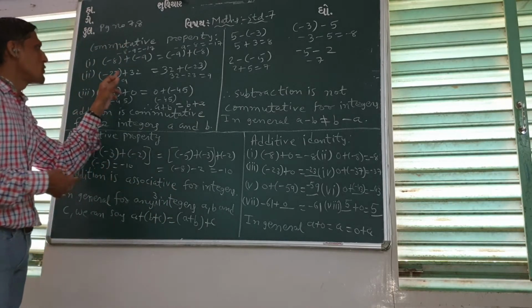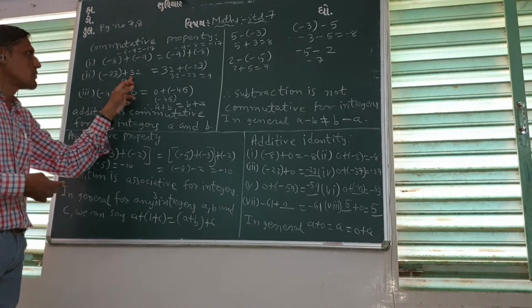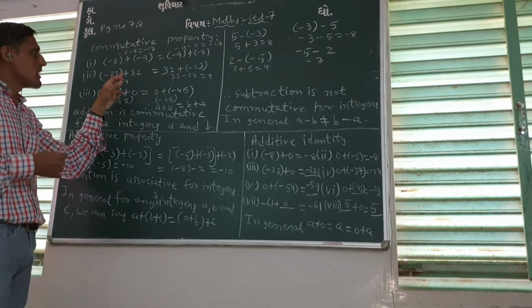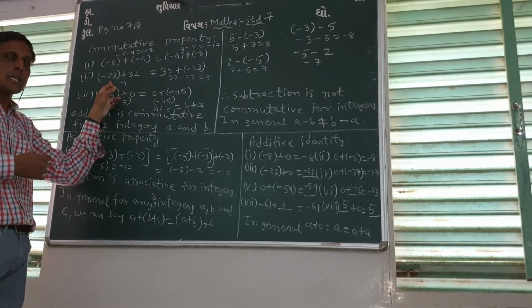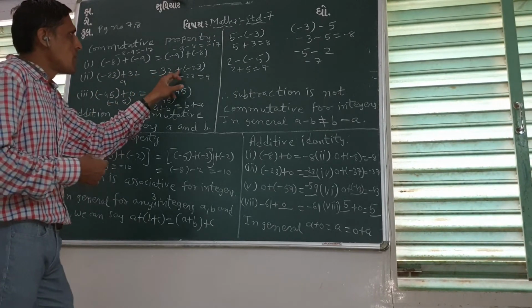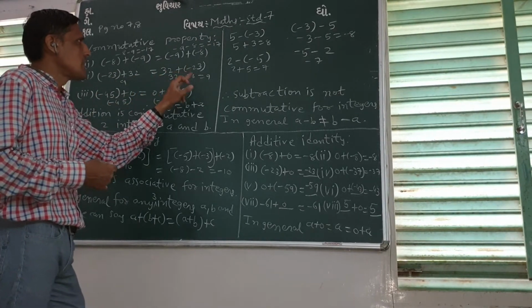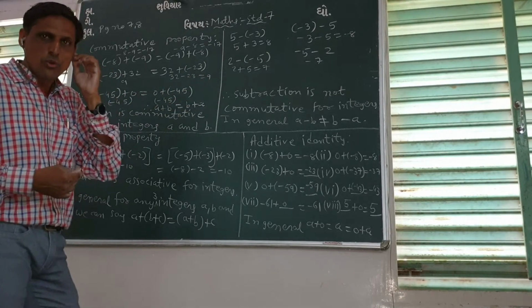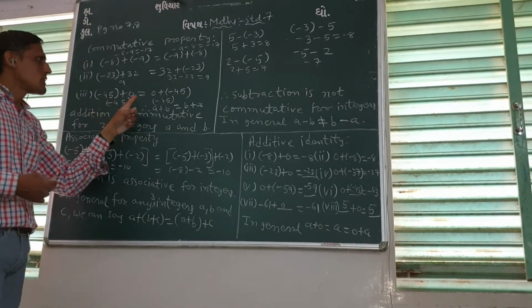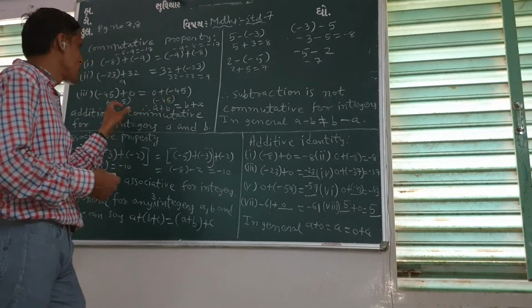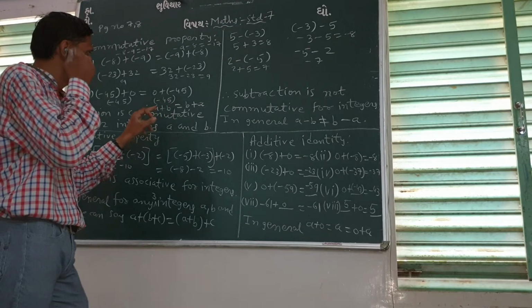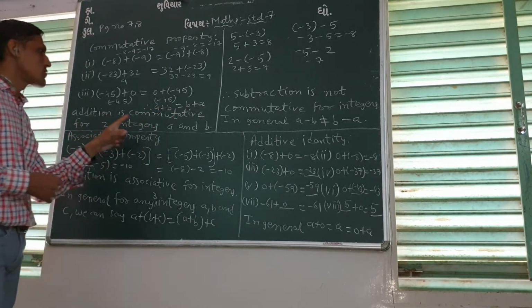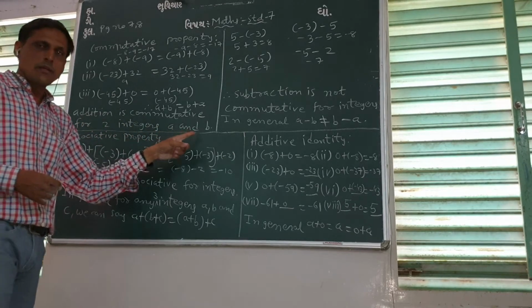Then here -32 plus 23, the bigger number is 32, and one number is minus, so we subtract: 32 minus 23 is 9. And here 23 plus -32, again 32 minus 23 is 9, right? So commutative property holds. -45 plus 0 is equal to 0 plus -45, both have answer -45. So in general we write a plus b equals b plus a. So addition is commutative for two integers a and b.